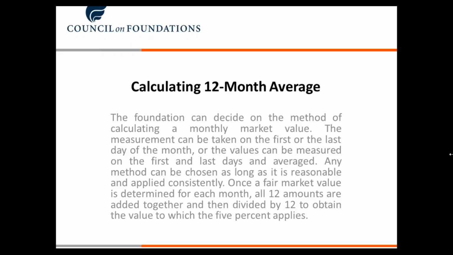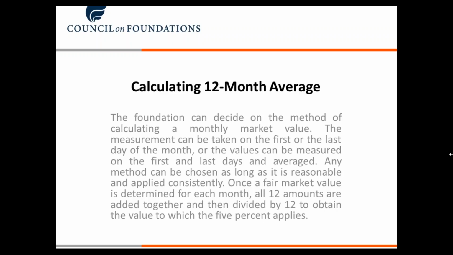I mentioned that this amount is calculated as a 12-month average. So basically, you need to know what the value of your investment assets are each of the 12 months of the year. And you can decide on how you figure that out. You can measure it on the first day of the month or the last day of the month, or you can average the first and the last day of the month.